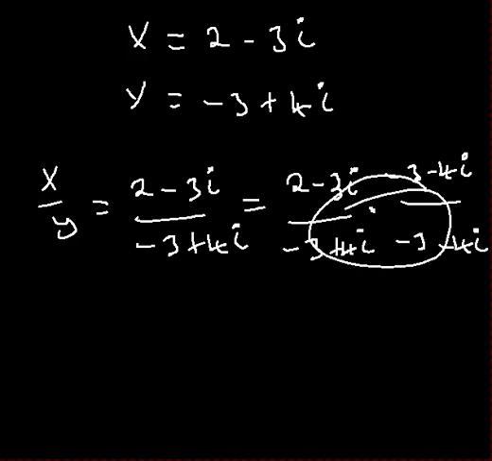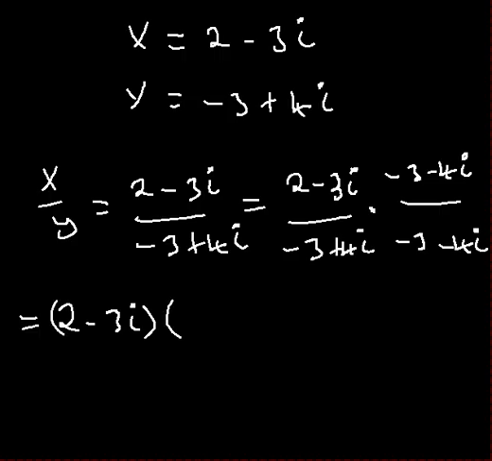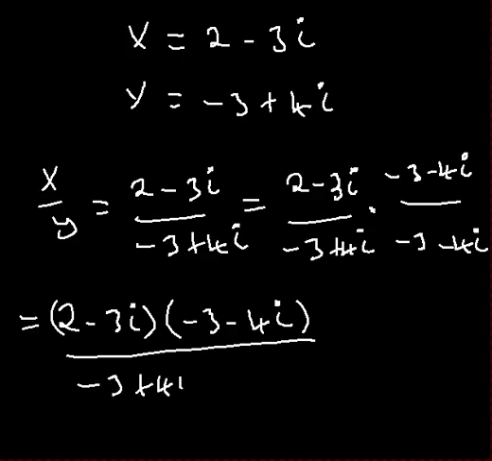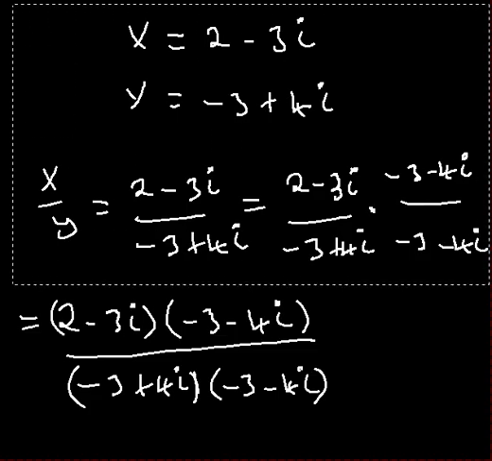And from there we should have 2 minus 3i times negative 3 minus 4i, divided by negative 3 plus 4i times negative 3 minus 4i. So let's see how we can simplify that expression.